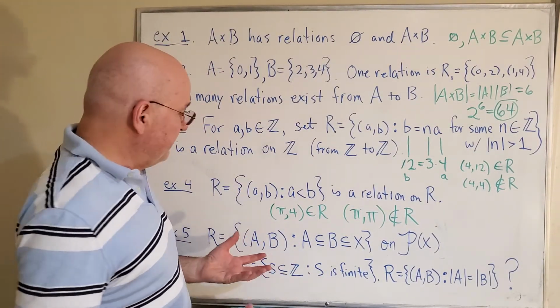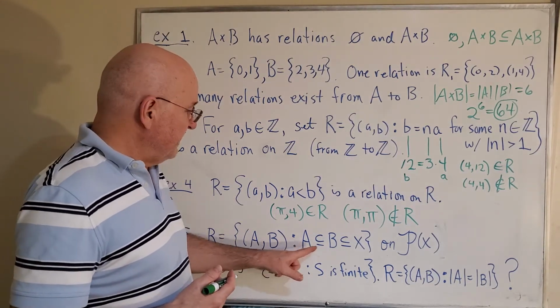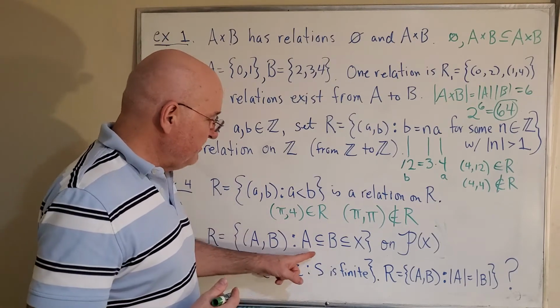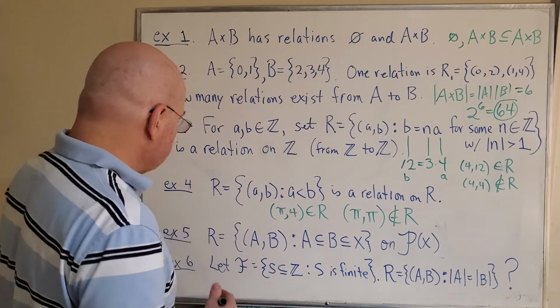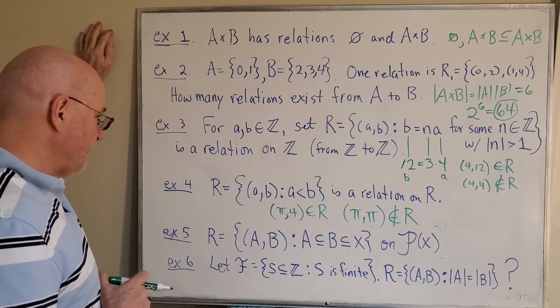One example would be, the set A is {1, 2, 3}, and the set B is {1, 2, 3, 4}. A would be a subset of B. They're both subsets of X. So that is a relation on the power set of X.